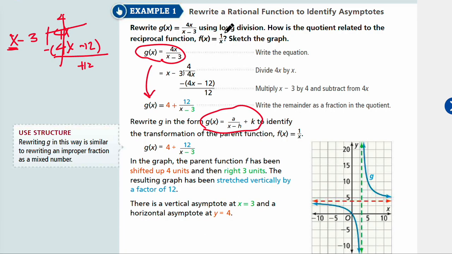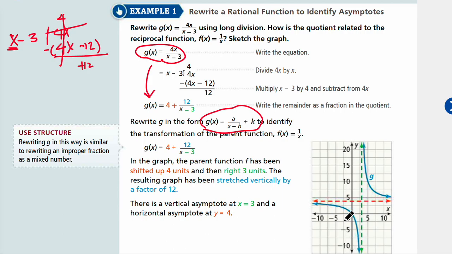Whatever your a, h, and k are, you transform your graph from your parent function according to those values. From your parent function 1 over x that we observed in the last lesson, it has asymptotes at x equals 0 and y equals 0, and the major points at 1, 1 and negative 1, negative 1.